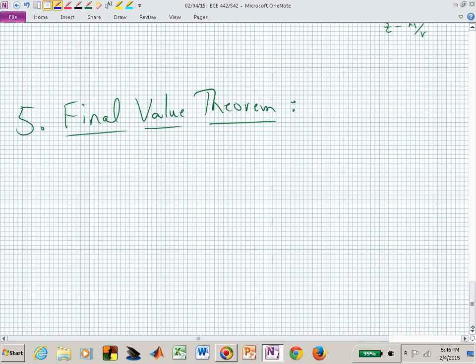You can now use that to find the final value in the time domain. Suppose that you have the z transform of little f of n, and that gives you capital F of z. So let's say that that converges for z greater than 1. That means the region of convergence is outside the unit circle.